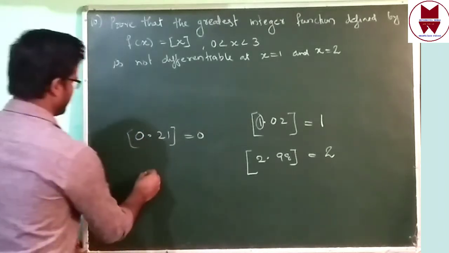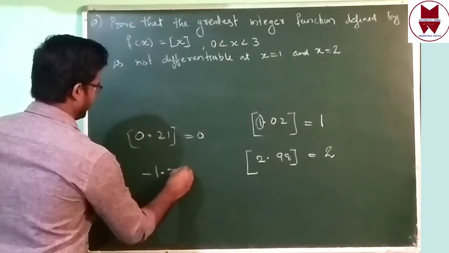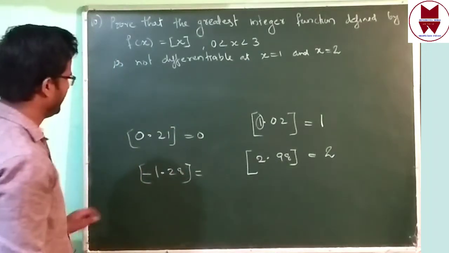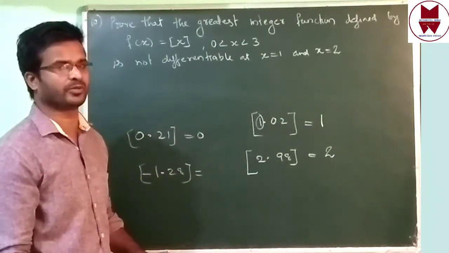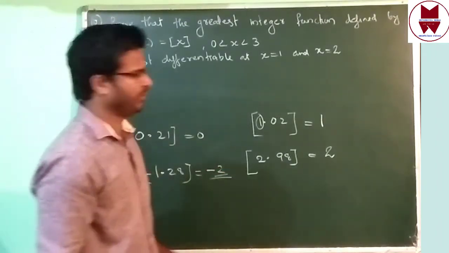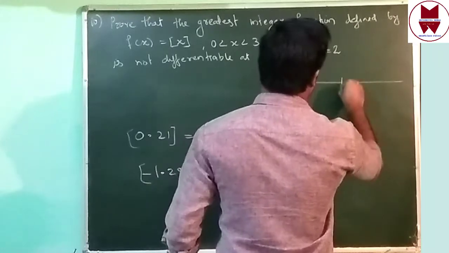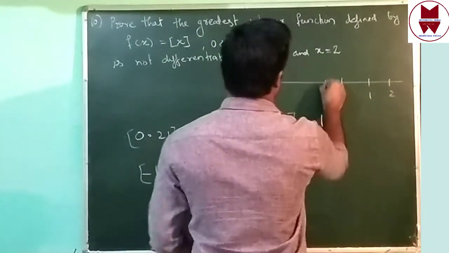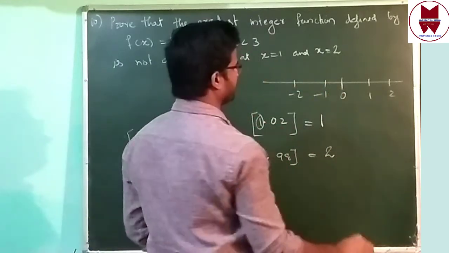Then next, minus 1.28. In the case of a negative number, don't write minus 1. That is not the greatest integer. We will write minus 2. How did we get minus 2? Just consider the number line: 0, 1, 2 and minus 1, minus 2.